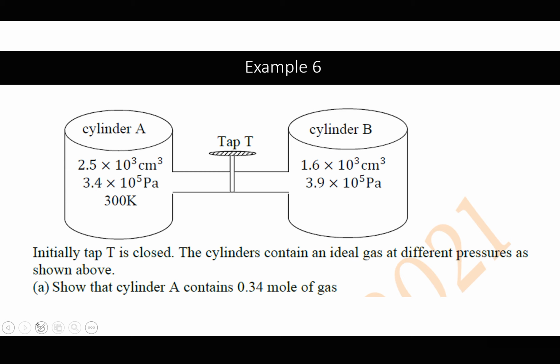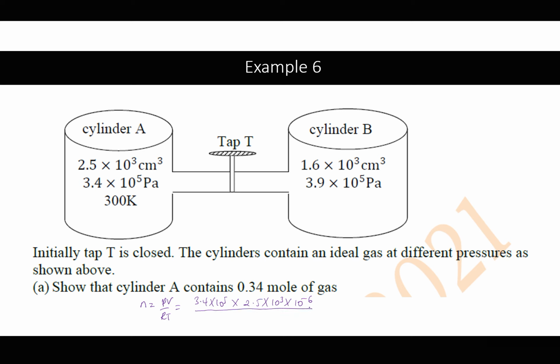That is easy. Number of moles is the same as PV divided by R times T. We just substitute. The pressure there is 3.4 times 10 power 5. The volume there is 2.5 times 10 power 3. Multiply this by 10 power negative 6 to change from centimeters cubed to meters cubed.